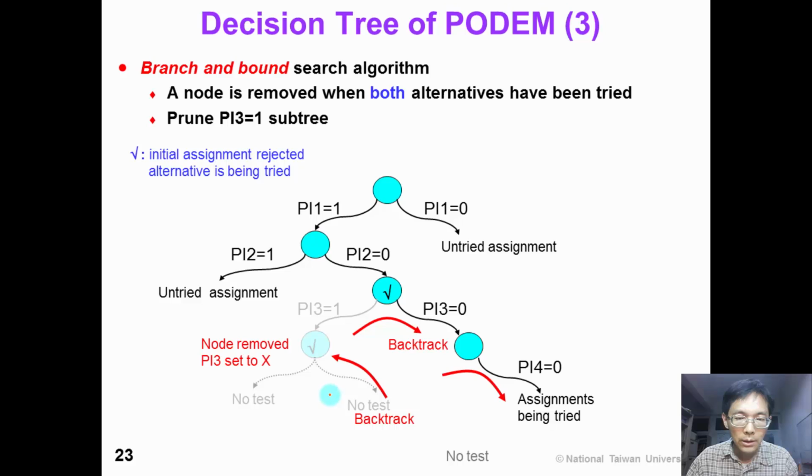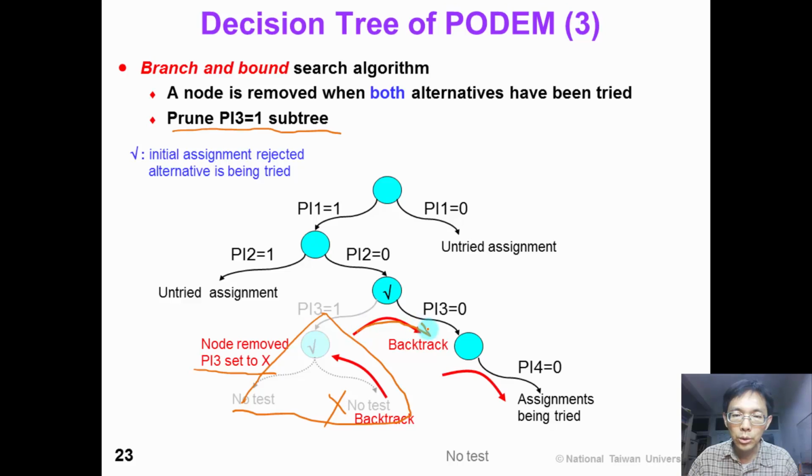Suppose that this branch has shown to be no test possible. Then we need to backtrack since both values of PI4 have been tried. So this subtree PI3 equal to 1 is completely removed, and we release PI3 to X. In this way, we prune the PI3 equal to 1 subtree.